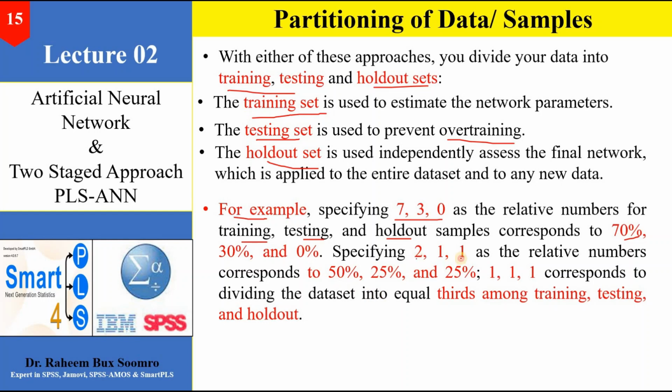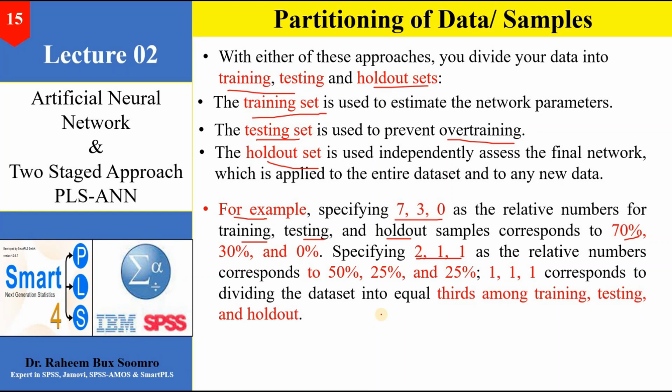And for example, 2:1:1 means 50% to the training, 25% to the testing and 25% to the holdout stage. And 1:1:1 means 33% to each one. In this way we can partition our data.